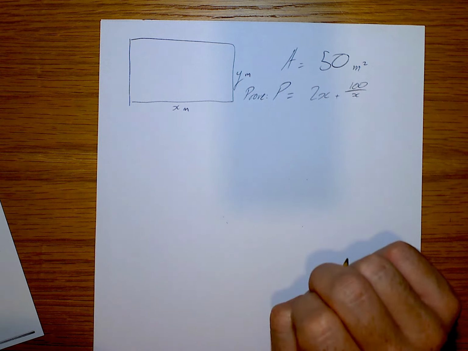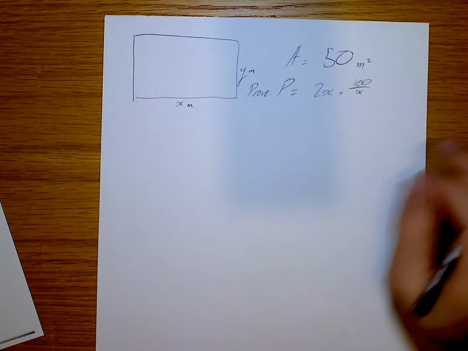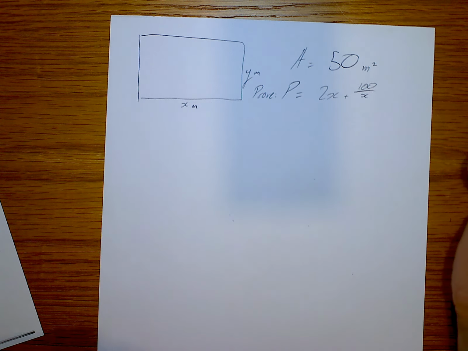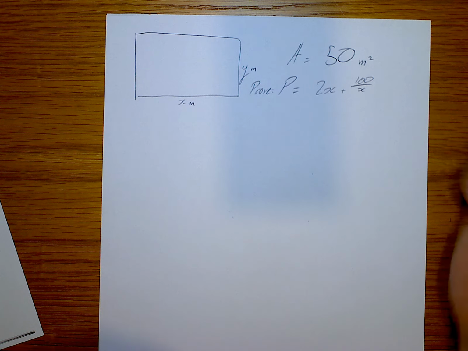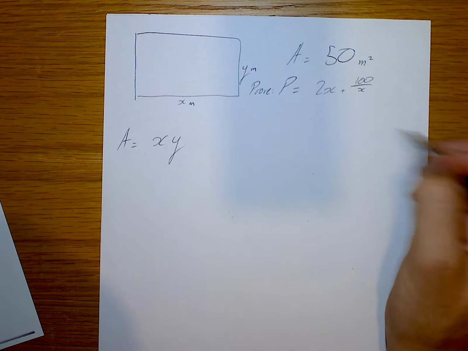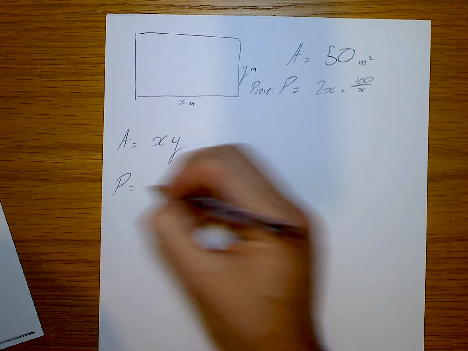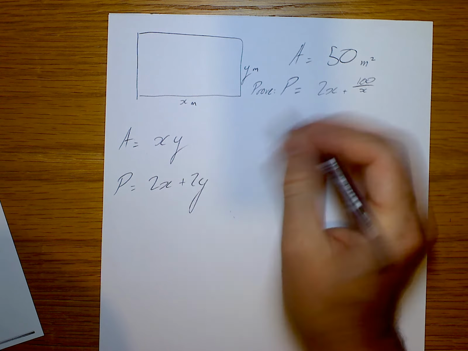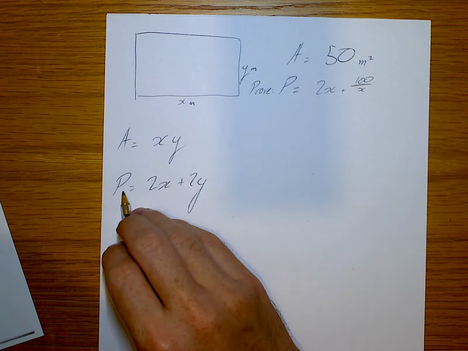Have I stuffed that up? No, that's correct. This isn't that hard. You've just got to think about it and solve it. We know that area is x times y, and we know perimeter is 2x plus 2y, so x plus y equals half the perimeter.